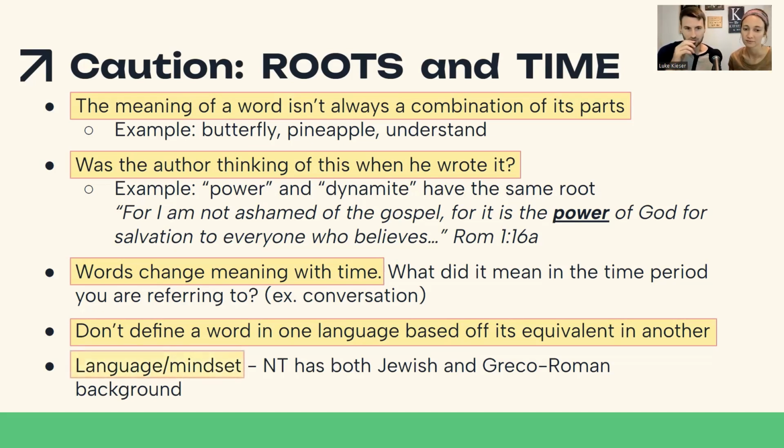And that brings us to the last one, which is to be careful. People talk about how the Jews had a certain mindset and the Greeks and the Romans had a different mindset. There's probably some truth to that, but the New Testament is pretty mixed.